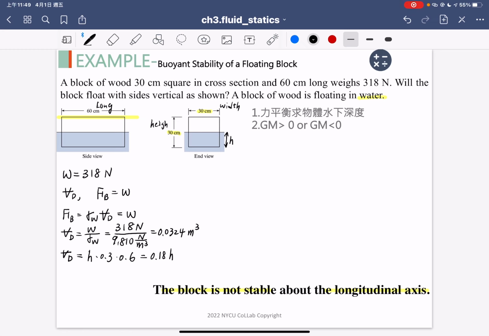So we can make the balance: 0.18 H is equal to 0.0324, and H will equal 0.0324 divided by 0.18. So H is equal to 0.18 meters, which is 18 centimeters. So right now we have the H.